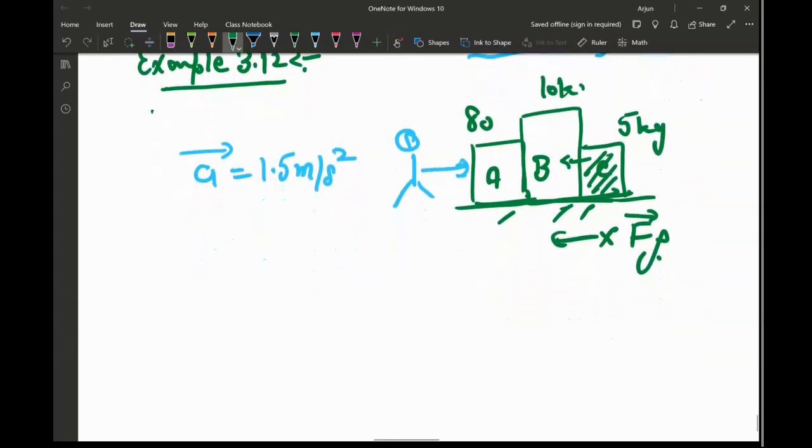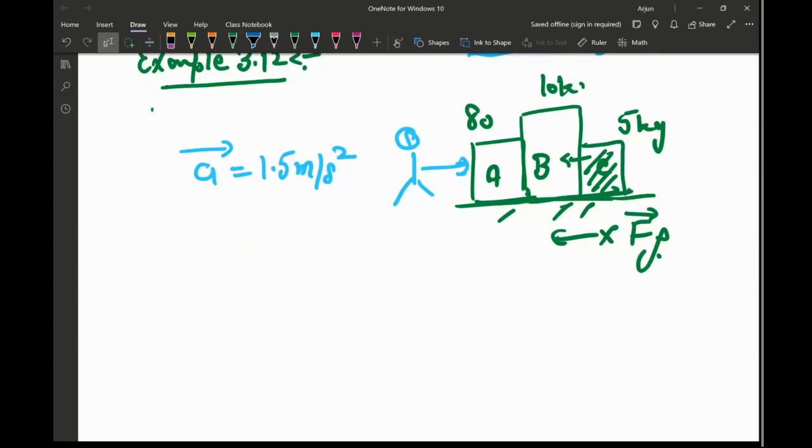So how are we going to solve this question? I am trying to find the force exerted by C on B. Although I'm applying the force here, I won't consider the force applied by me on all three boxes. I'm going to draw the diagram only for box C, and imagine this is me pushing this box. How much force will be applied back on me, because I'm applying a certain force on box C?